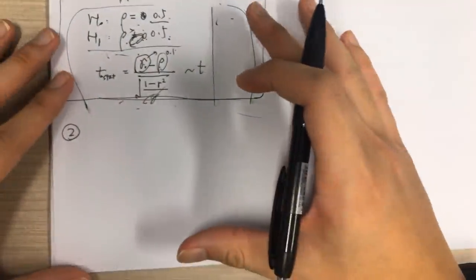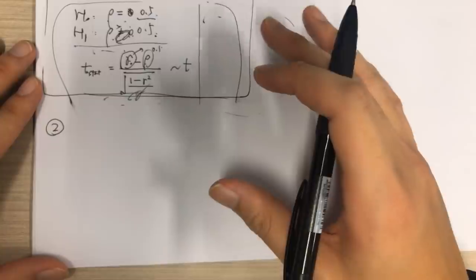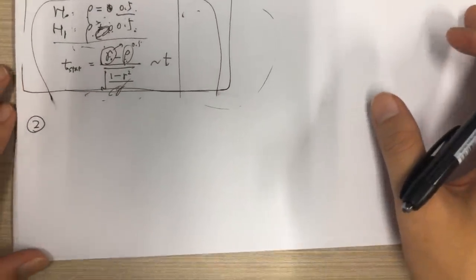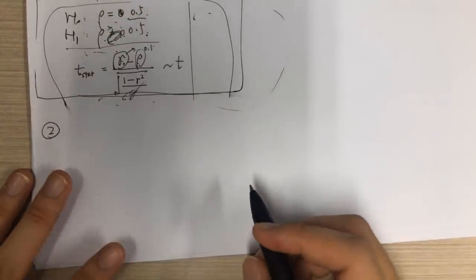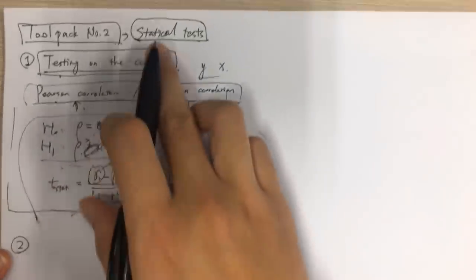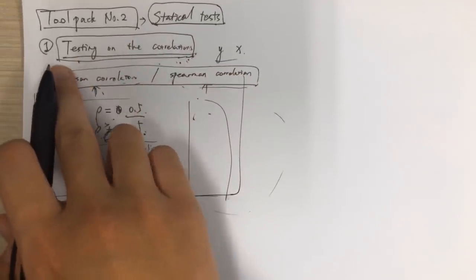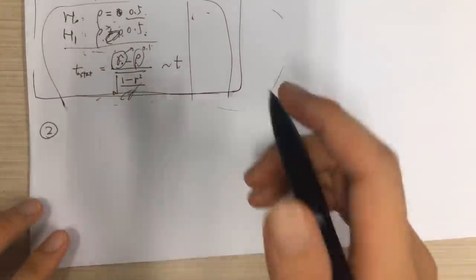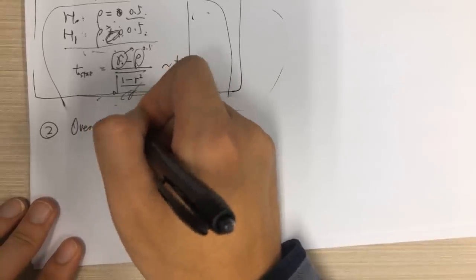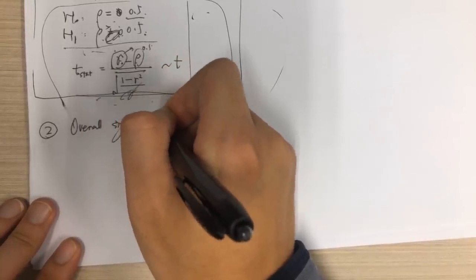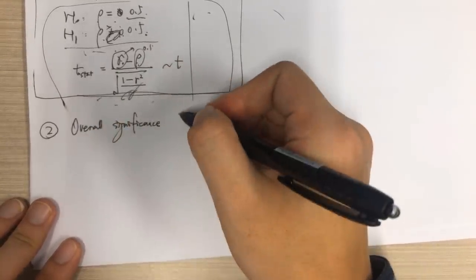Secondly, once we construct the model and finish the estimation, we want to test if the model is overall significant. So the second tool, well, this is a tool pack, right? The first tool is correlation test. The second tool is called overall significance F test.